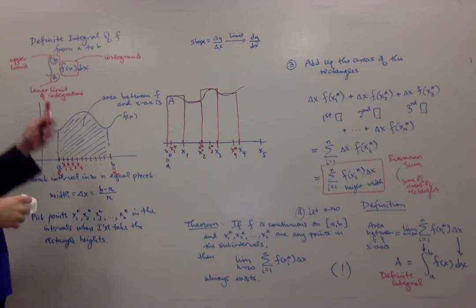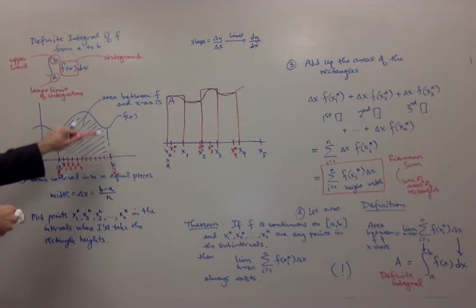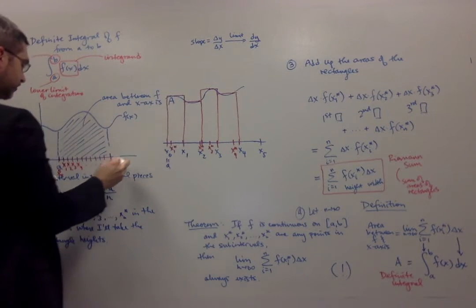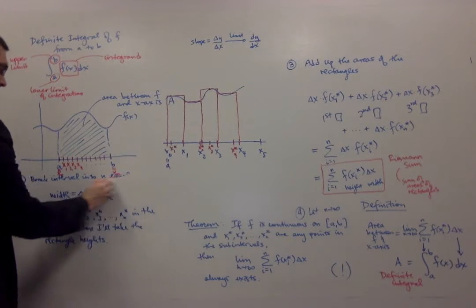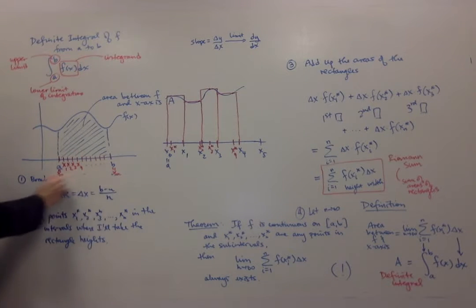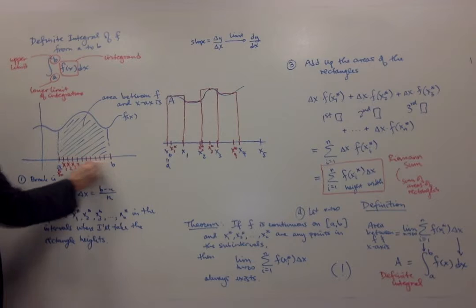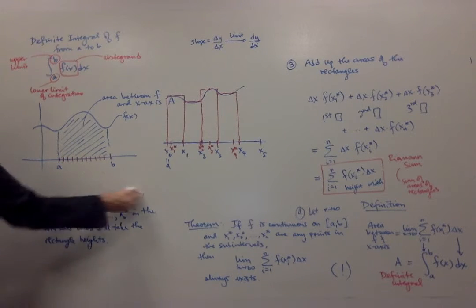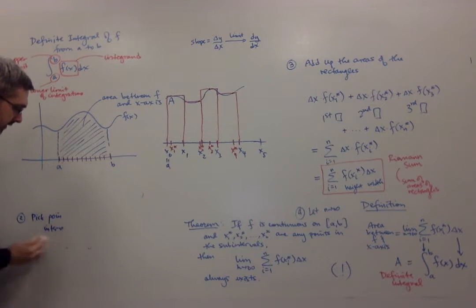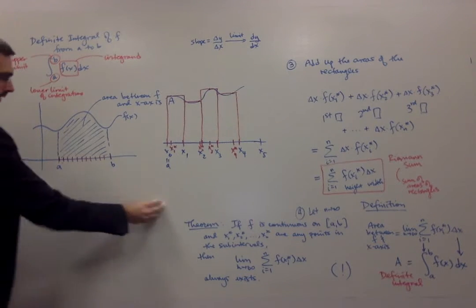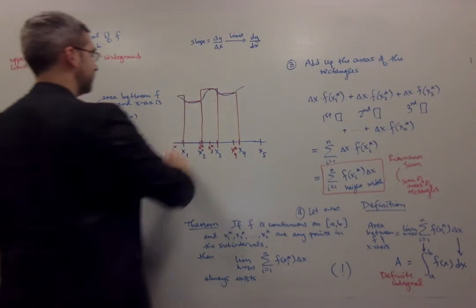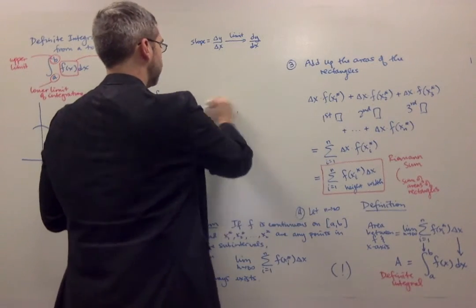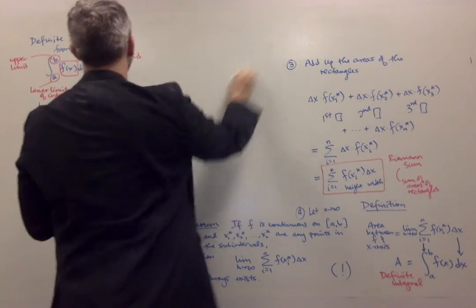But all this notation stands for is this area right here, the area between the function and the x-axis. Okay, and it turns out it's the limit of rectangles, the limit of areas of rectangles, but that is the nice closed form for writing that area.